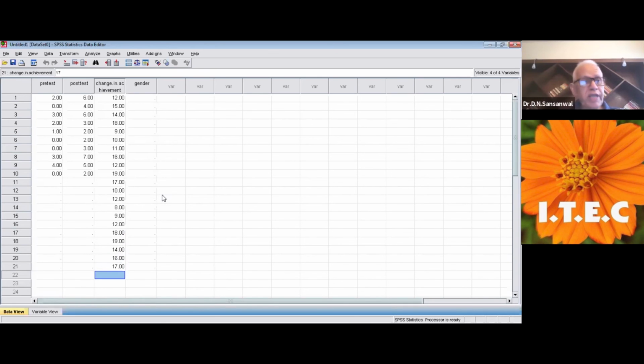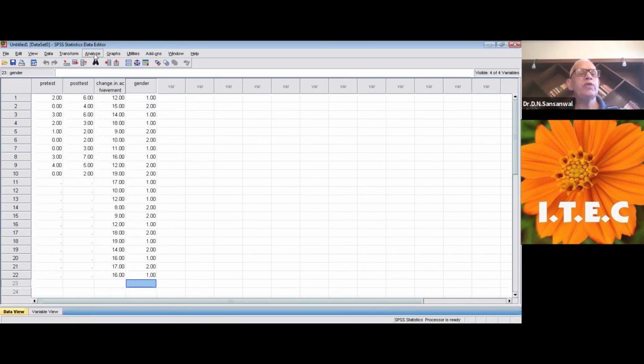These are the change, post minus pre. Please remember that. Now you can put their gender. If this was male and this was female, male, male, female, female, male, male, you know these are male and female, so you can write, no problem at all.